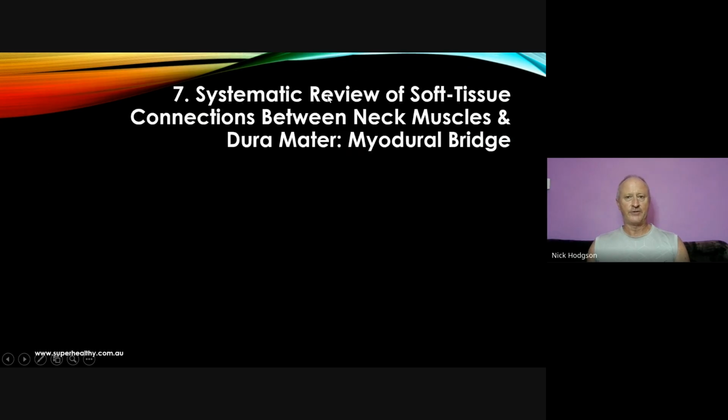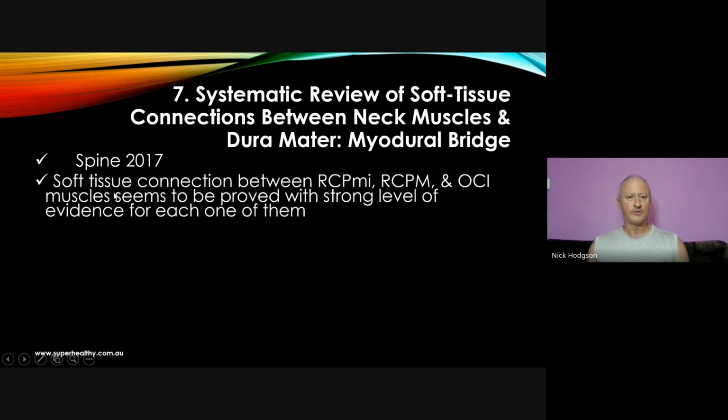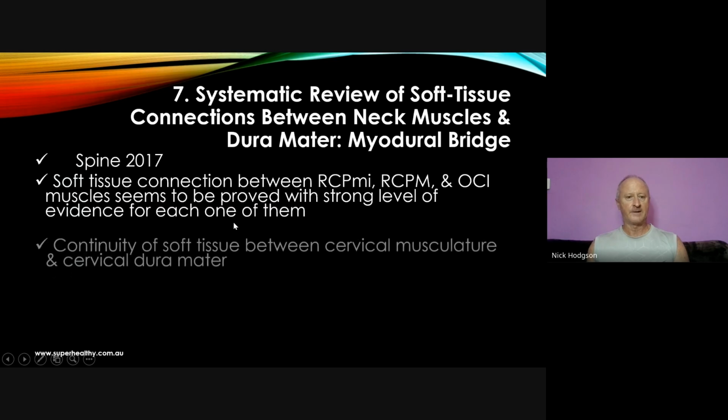Paper number 7, systematic review of soft tissue connections between neck muscles and the dura mater, the myodural bridge. So Spine 2017. So soft tissue connections between the rectus capitus posterior minor, rectus capitus posterior major, and the obliquus capitus inferior muscles seem to be proved with a strong level of evidence for each one of them.